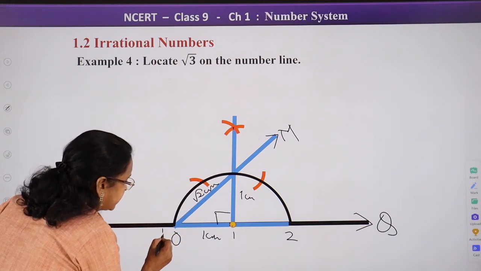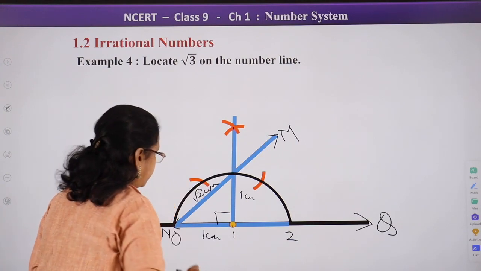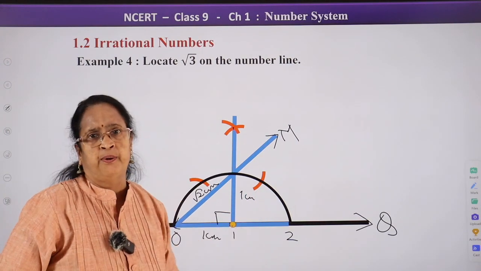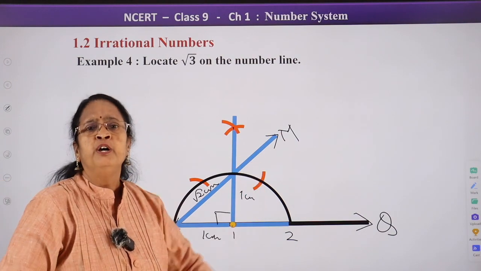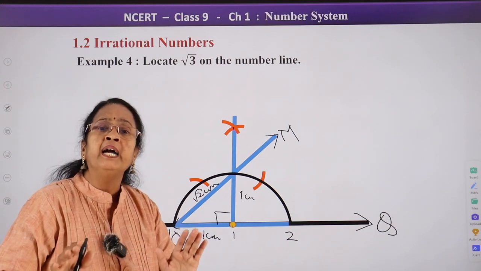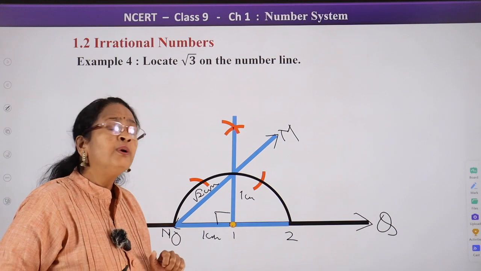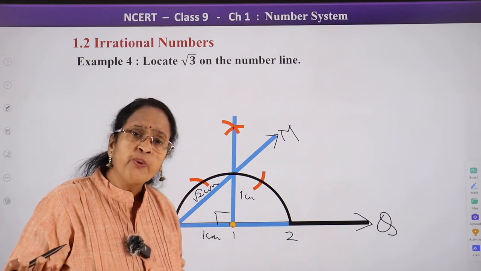let me mark this as N. Now this NM should be the base. So just shift the notebook. Now taking this NM as base, I need to draw 90 degree. Now I will take the same radius 1.